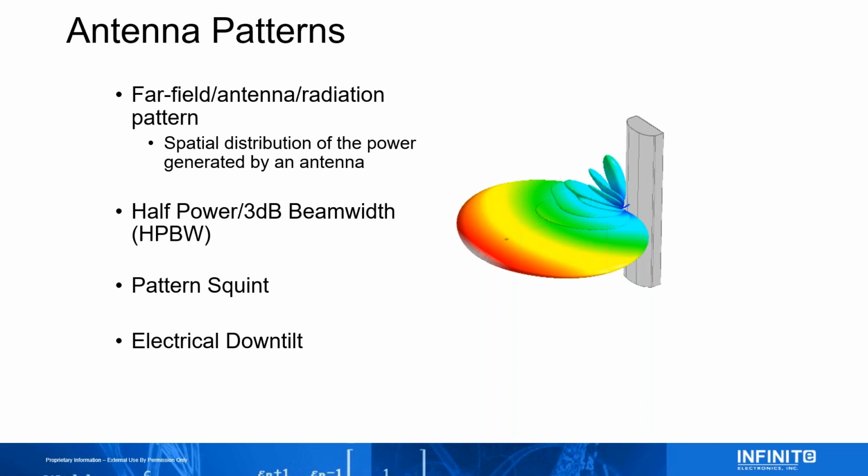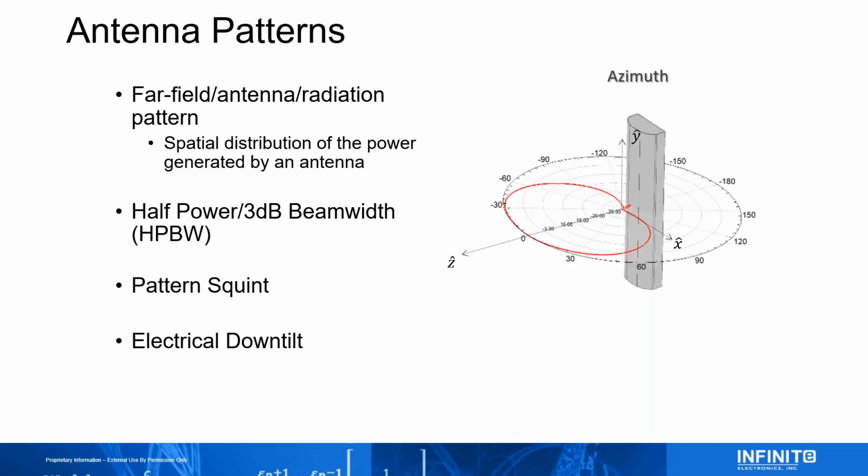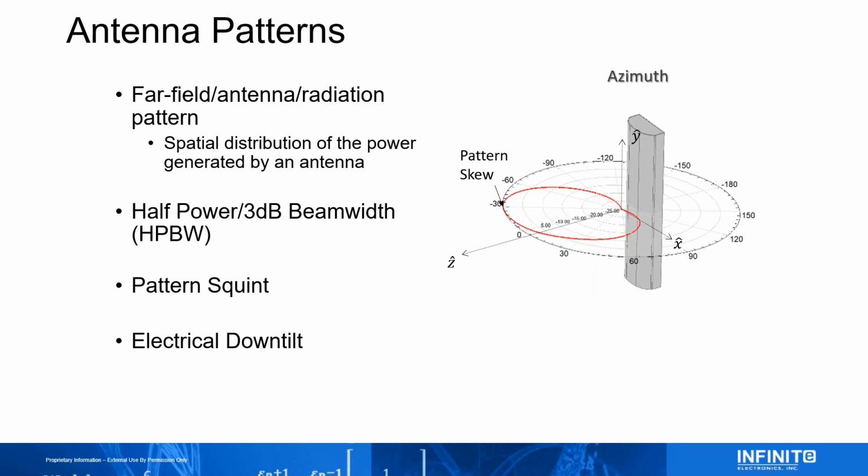If we start taking 2-dimensional cuts of this 3D pattern, we're going to see something we're used to, which are called polar plots. Here is the azimuth pattern, and I'm highlighting the 3 dB roll-off, which is where half the power of this antenna is contained within this arc. There are some other important things to look at too. Let's say you have a multi-port antenna. You can have an effect called pattern squint or pattern skew.